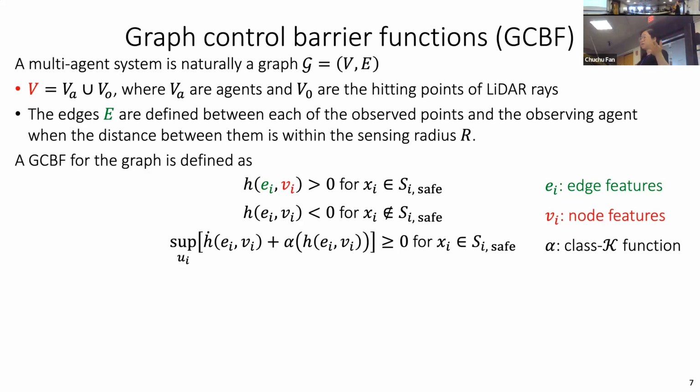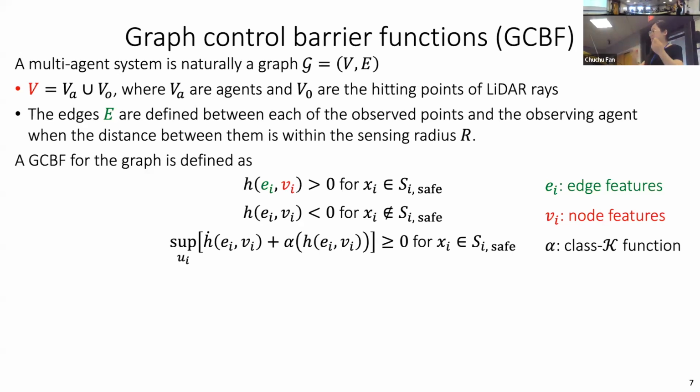It could be a hitting point of the LiDAR, it could be a neighboring agent, and they could have different types, and you use your favorite way of encoding who they are. You could use integers, or other symbols that you like, to represent your neighboring node. And the edge means you can now communicate.